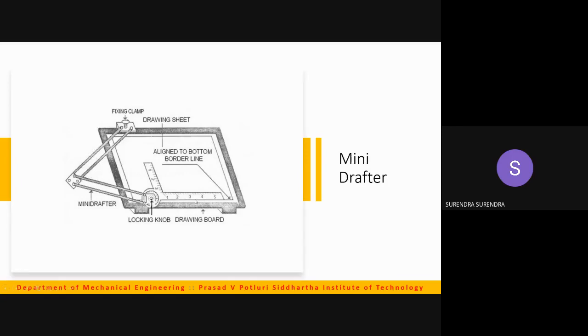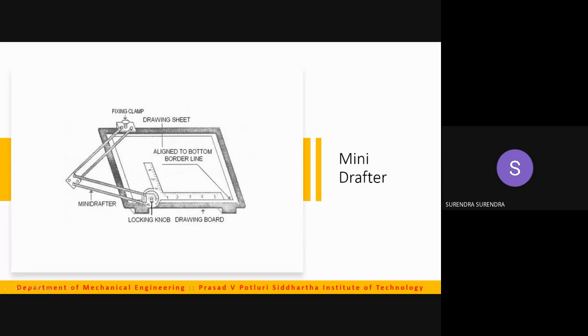So if there is no error in the sheet or drafter, if you set it to 0 on the drafter reading, the sheet border and the scale will coincide. And now if you tighten the screw, the locking knob here, if you observe there will be a locking knob on the drafter here.